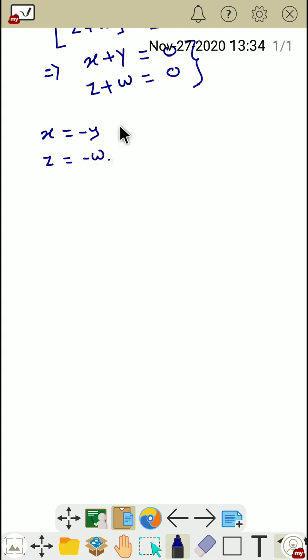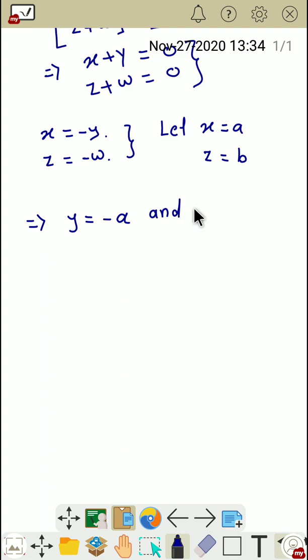Okay, so let x be equal to a and z be equal to b. So from this we have y is equal to minus a and w is equal to minus b.